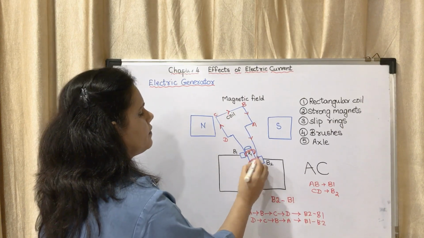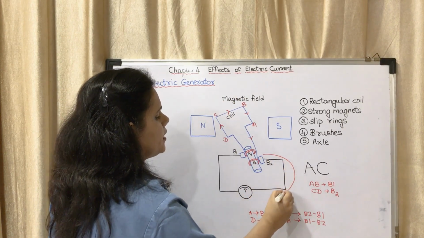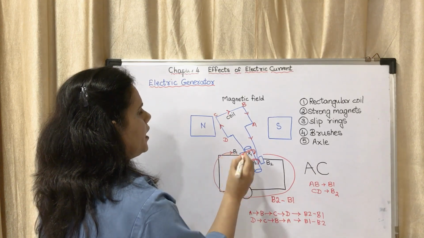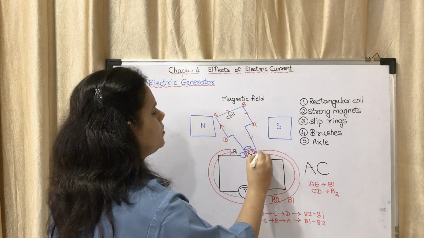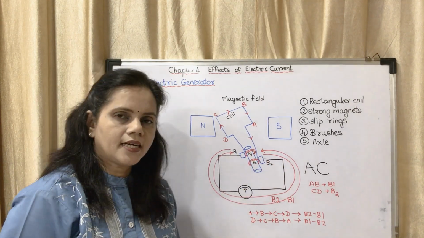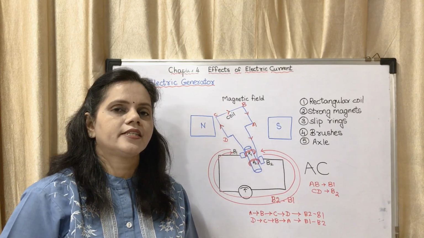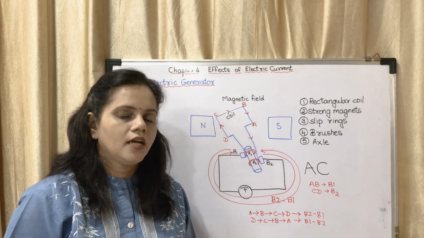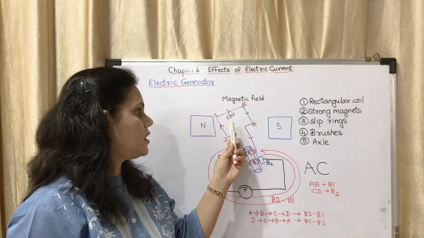That means in one cycle ABCD, the current will flow from here to here, and DCBA, the current will flow from here to here. That means it is continuously changing its direction. Now I told you the magnitude also changes. How does the magnitude change?